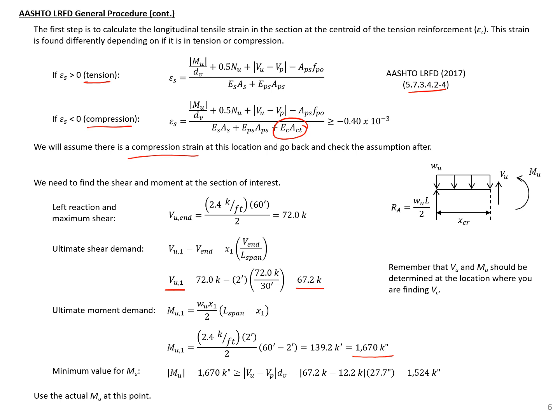AASHTO does have a minimum value for Mu, which is the absolute value of Vu minus Vp times dv. We can see here that the lower limit is less than our actual value, so we'll use our actual Mu moving forward.